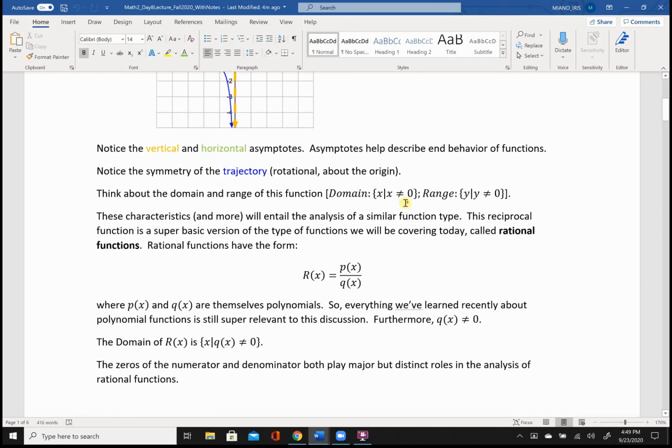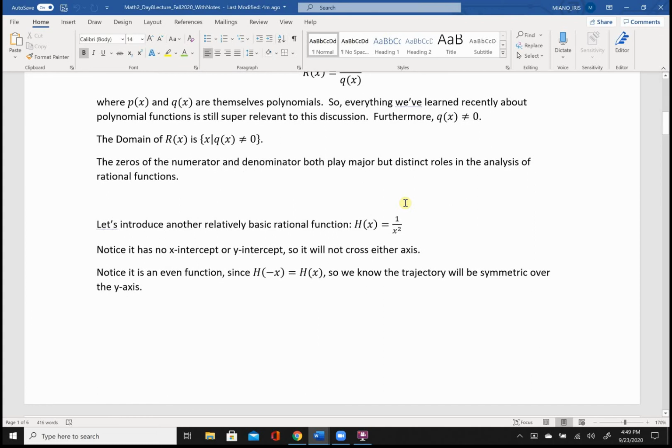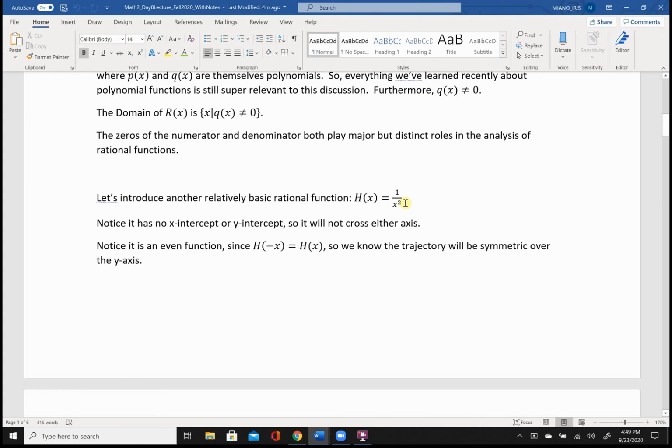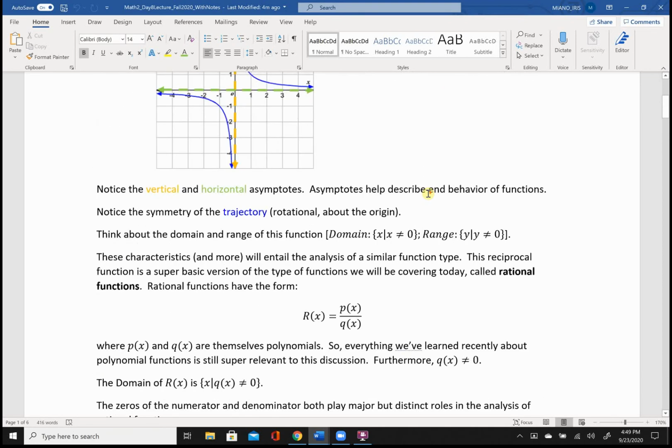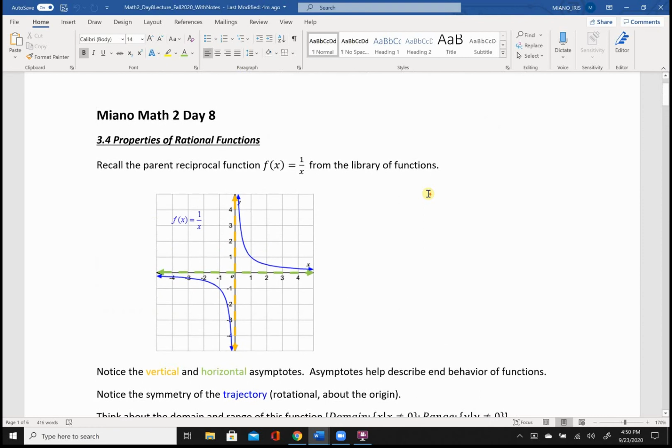But we have another one that I want to introduce that the book has some fantastic figure on, and a corresponding xy table, or h of x table for it, and that's this rational function that has x squared in the denominator. So it's just one step up in complexity from the reciprocal function, the first one that we went over here.